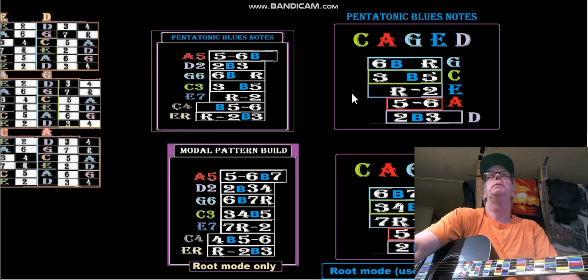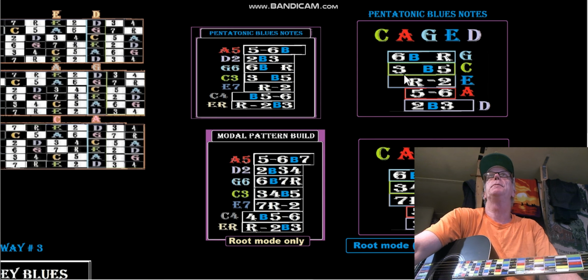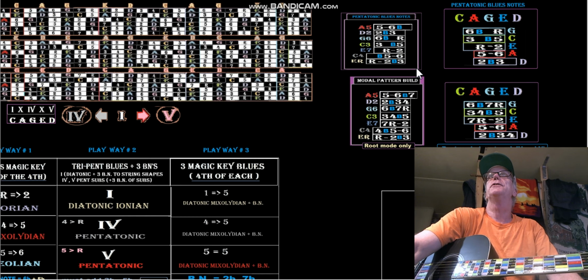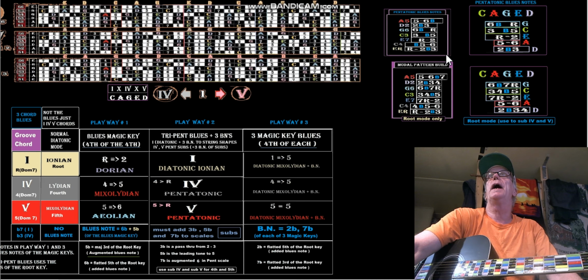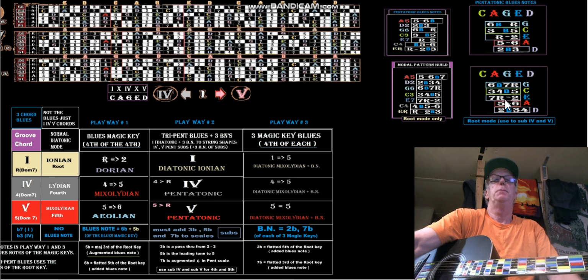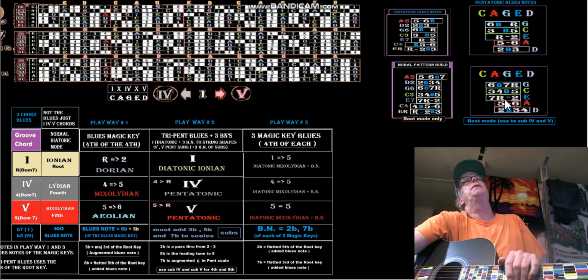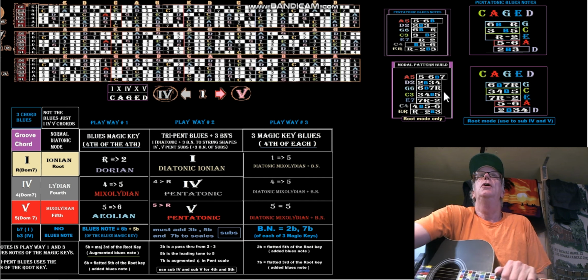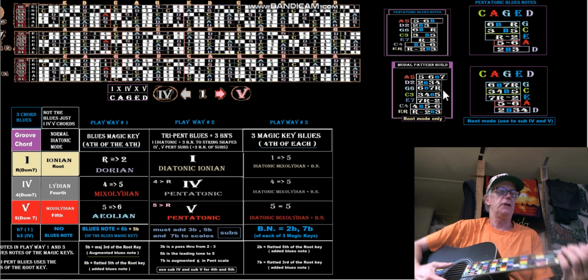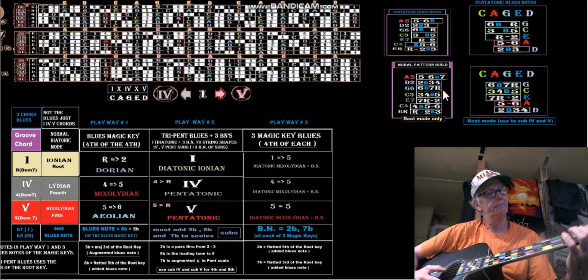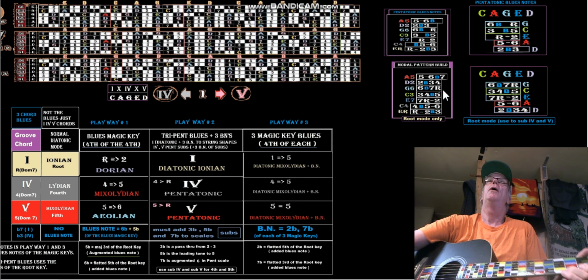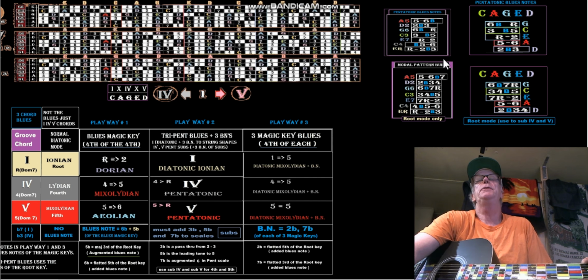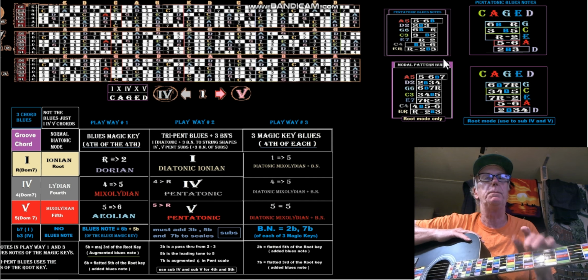Let's zoom out a little bit. The concept of the placement of the blues notes in the string shapes is important. I just wanted to show you a little look at that, but that's not everything. That's the first thing I did when I realized I had the string shapes: I just have to see where I'm going to put the blues note, but that's just in the root pattern.